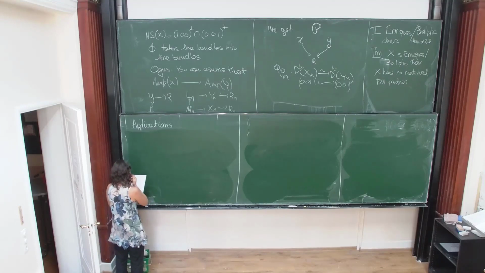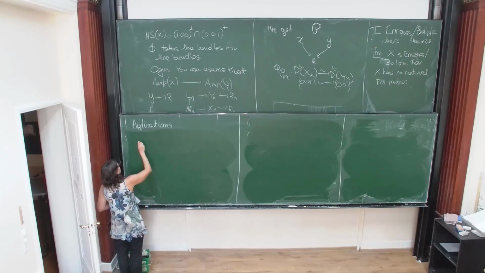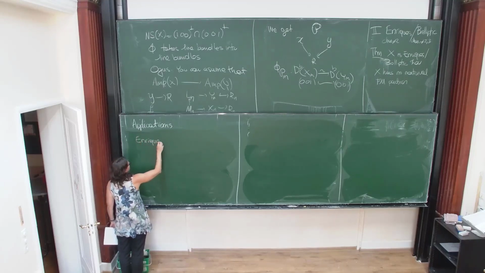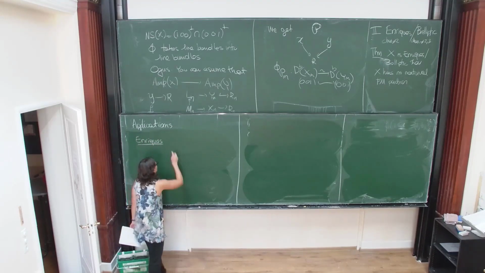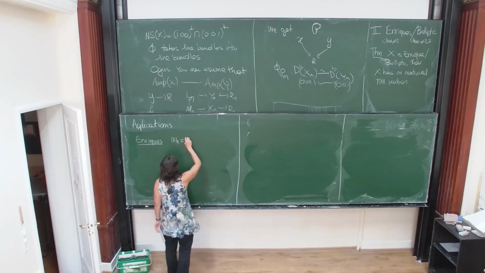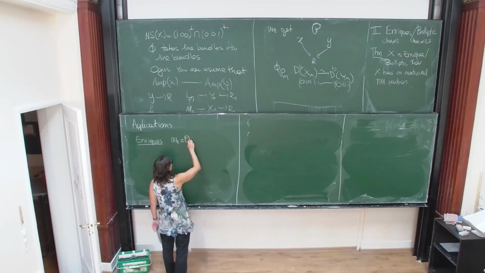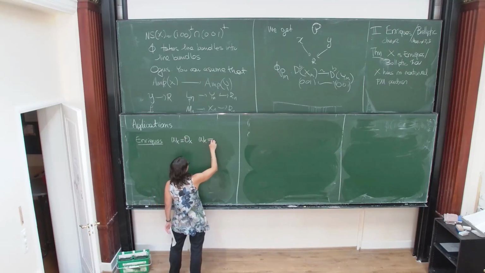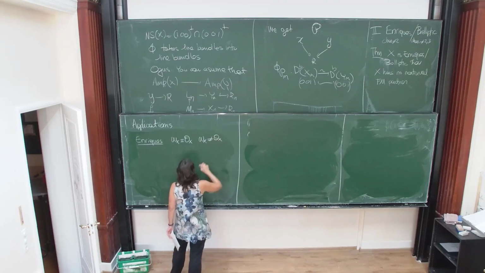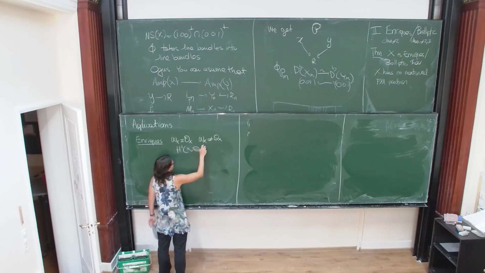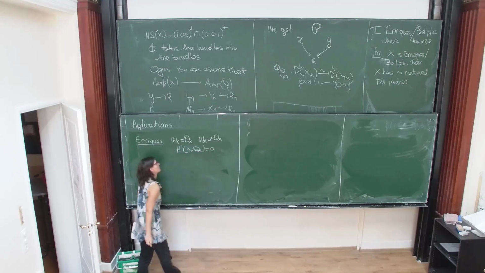Okay, so Enriques surfaces, in characteristic different from 2, have numerically trivial canonical bundle, but omega X is not trivial, and h1 of O_X is 0.